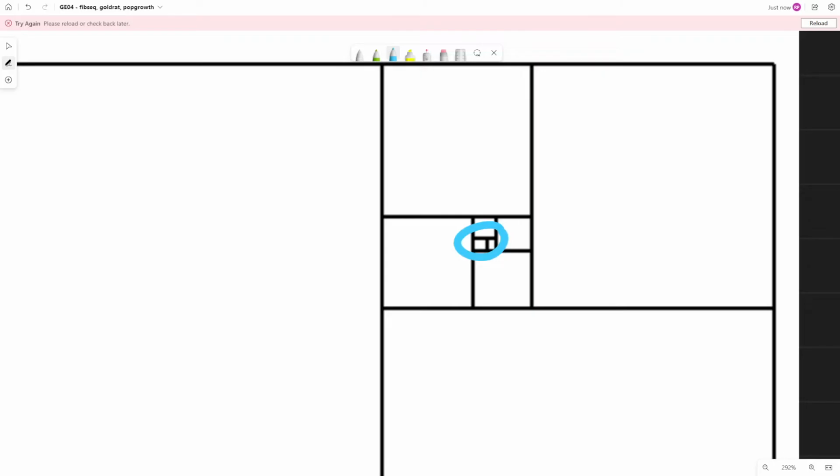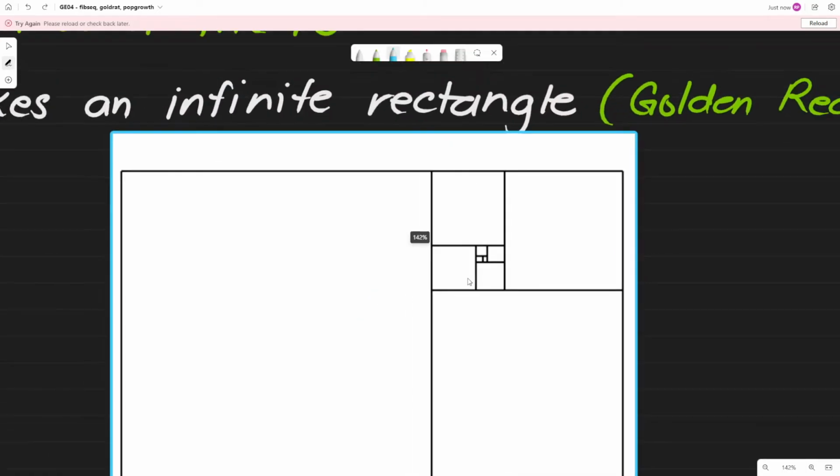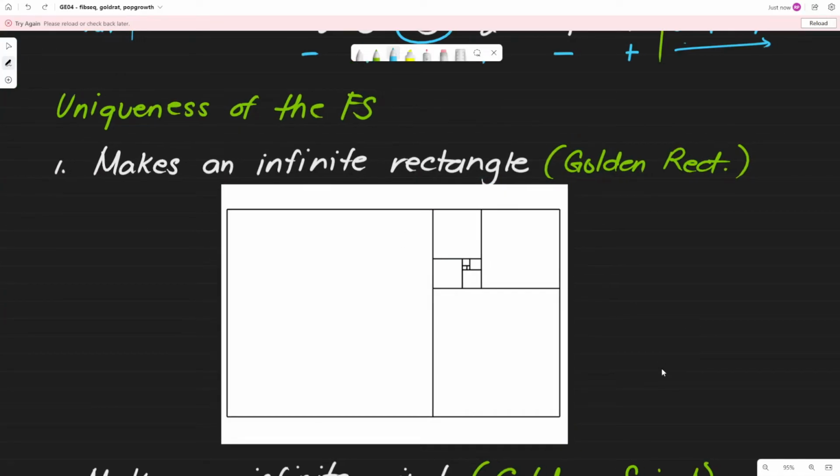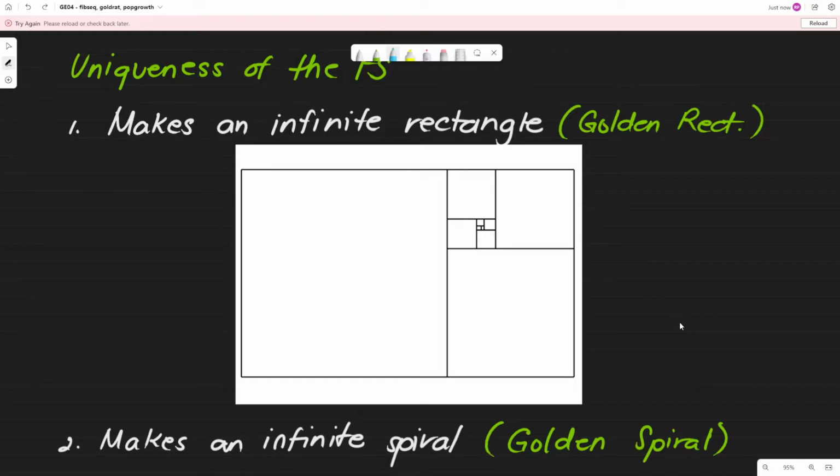Then yung nasa taas niya, yan yung 2. Then yung nasa tabi niya, this is 3. Then 5, 8, 13, 21, 34, so on and so forth. So yun yung one unique characteristic ni Fibonacci sequence: it can create the golden rectangle. And later makikita natin saan ba ito ginagamit, ano yung purpose niya.